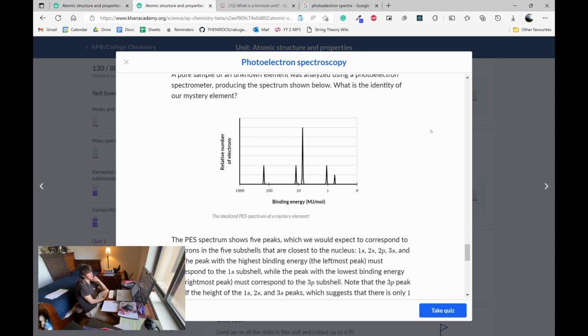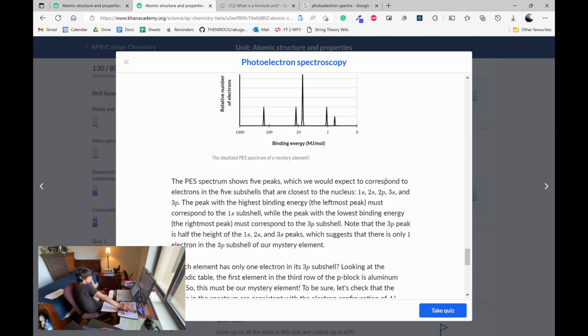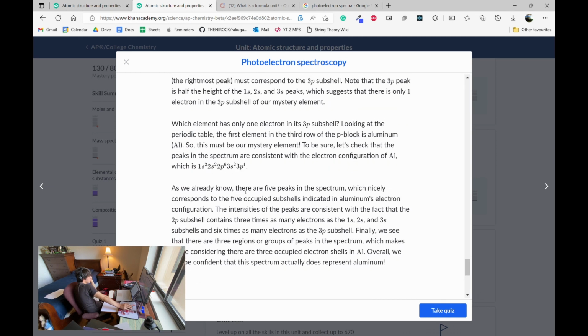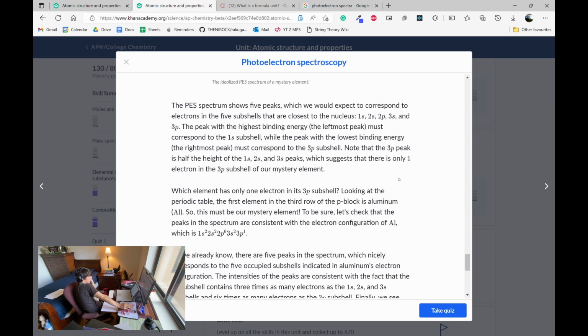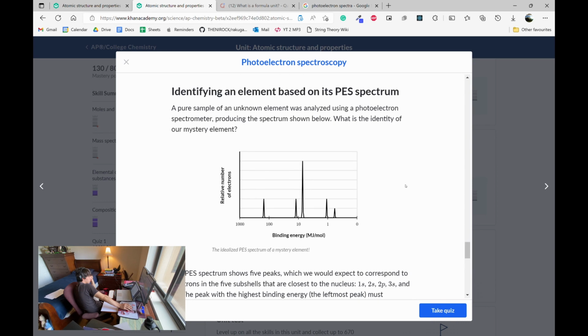Electrons in the 5 subshells closest to the nucleus: 1s, 2s, 2p, 3s, and 3p. So we only have one electron in its 3p subshell. 3p is half the height, which suggests that there is only one electron in the 3p subshell of our mystery element.